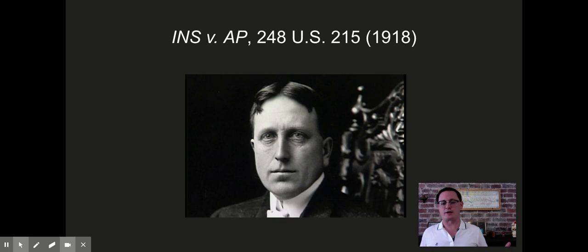Associated Press, in which a split court opined on when news aggregation organizations or press organizations could claim exclusive rights over the news that they generated and disseminated.